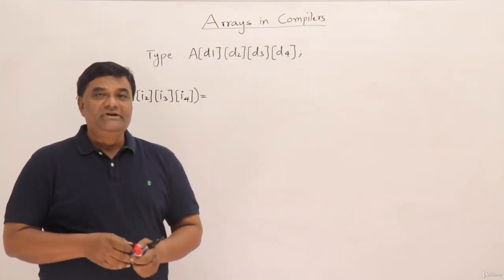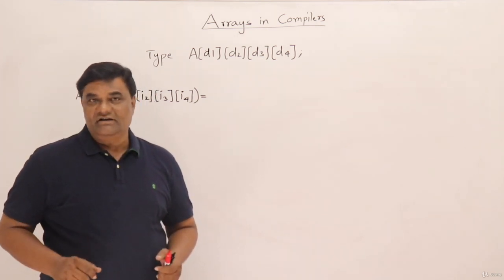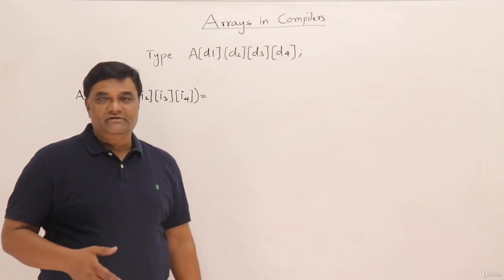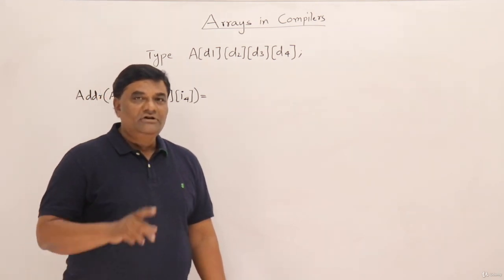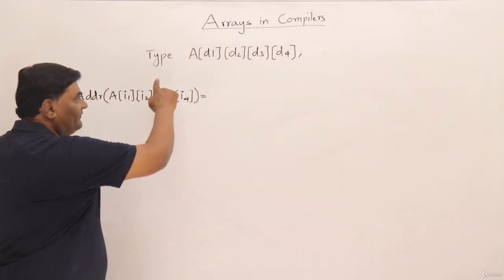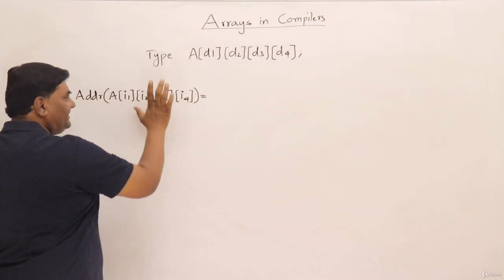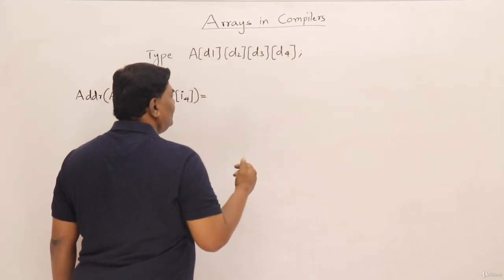Let us prepare a row measure formula and column measure formula for 4-dimension array. I'll show you the approach. Then using same approach, we will see a row measure, column measure formula for 3-dimensional array also. So here already I have an example of a 4-dimension array. Array name is A, data type is something, and the dimensions are D1, D2, D3 and D4.